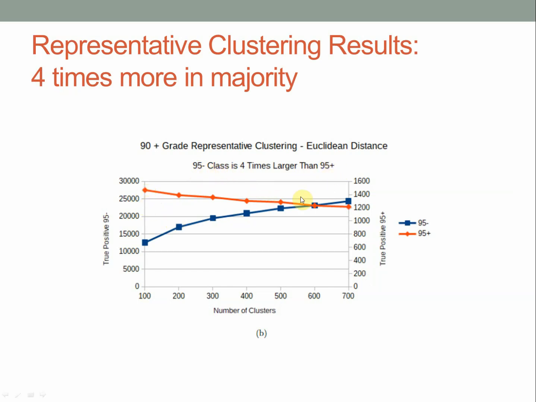Similar results are generated. The only difference is that the cluster number goes to 600, and we can still predict about 1,200 ones that are 95 plus, while at the same time getting much higher 95 minus ones correctly. So this is again the trade-off in the clustering based method.